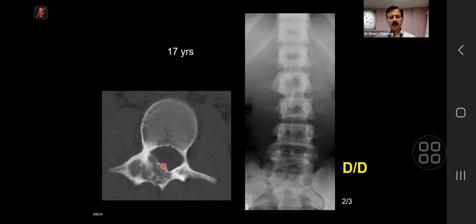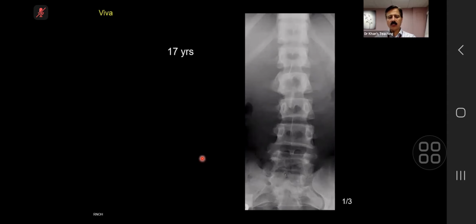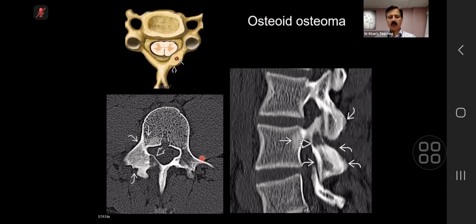But okay, now you have to develop your eyes, the difference between an osteoid osteoma versus an osteoblastoma. Now, what happens is that in an osteoid, if the nidus is more than 2 centimeter, you call it an osteoblastoma.